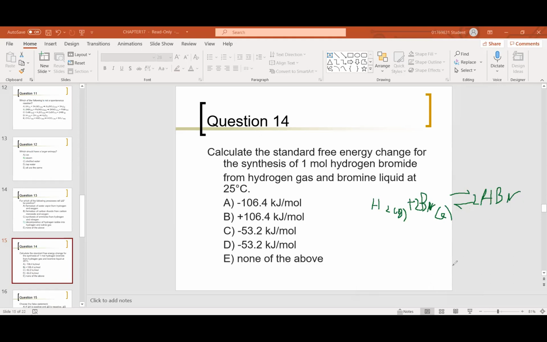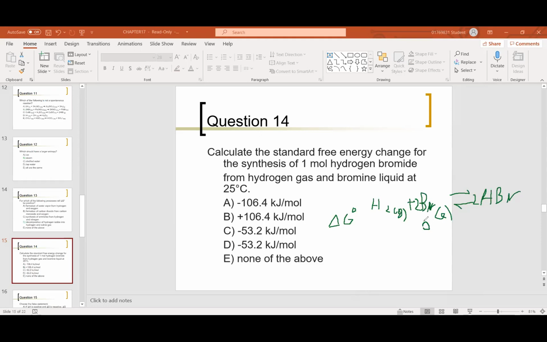All right, calculate the standard free energy. Do I have all these values? Bromine, yes, I have bromine liquid. I've just got the appendix open. Let's see.